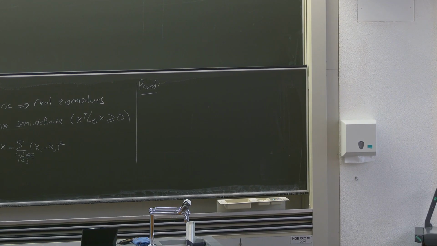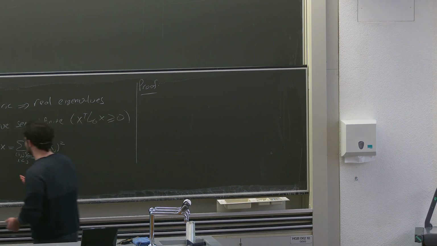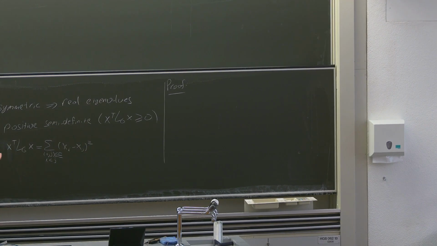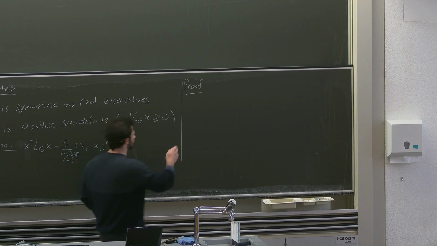First things first, we'll just go from the definition, and this is going to be a bunch of steps, and there's one small trick at the end, but there is nothing actually complicated going on. So first, this inner product is going to be x transpose L_G x. I want to compute the term L_G x first.